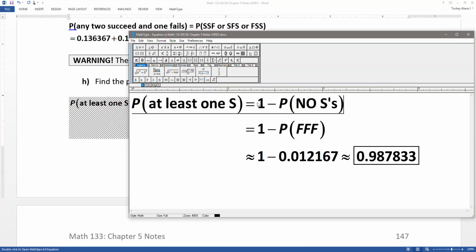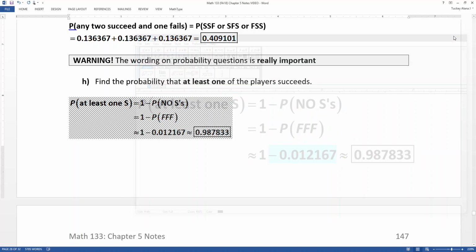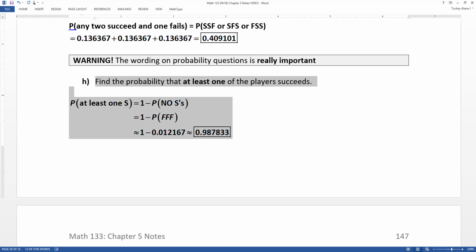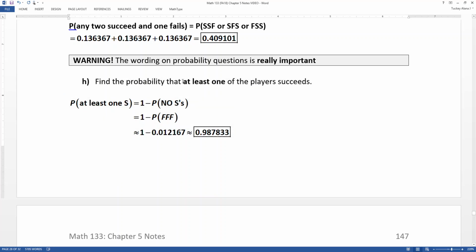That's 1 minus the probability of no successes, which is the probability of fail, fail, fail. And that means I'm taking 1 minus the pink one, which was 0.012167, which means my final result is 0.987833. Now keep that problem in mind, because we're going to hit that rule in just a couple pages, because that at least one thing is special and will come back to us a lot.